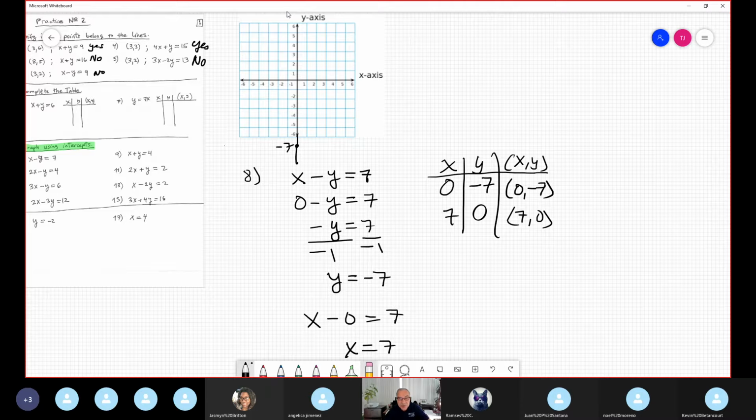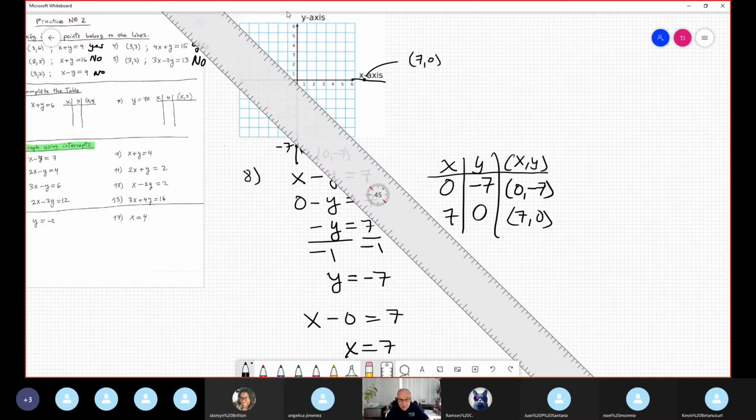My second point is +7 in the x-axis. Here, x-axis. 7 here. Okay, that point was (0, -7). That point was (7, 0). And we connect both points by the line. And that's it.